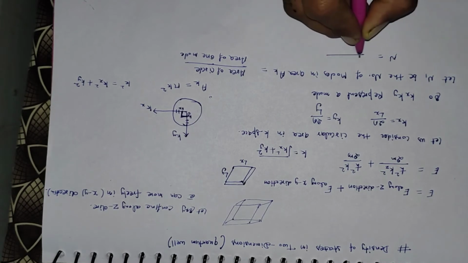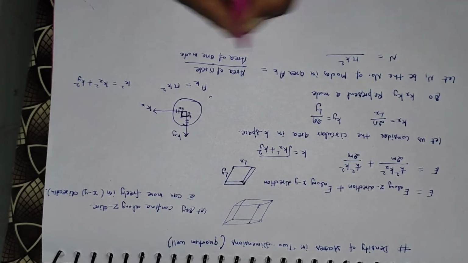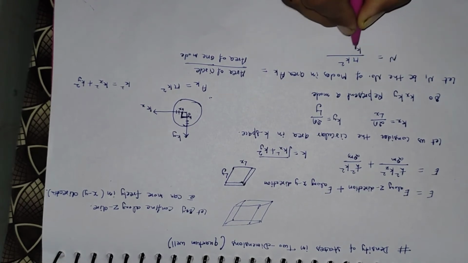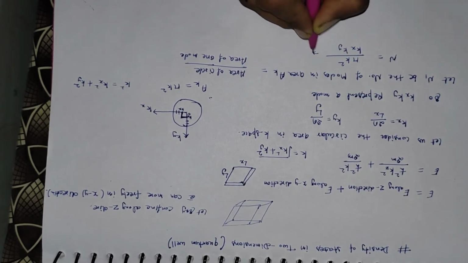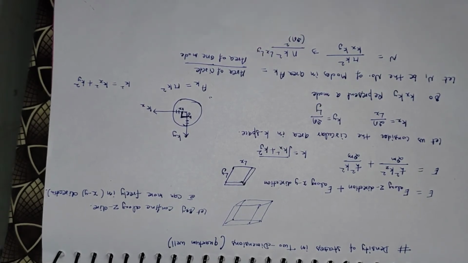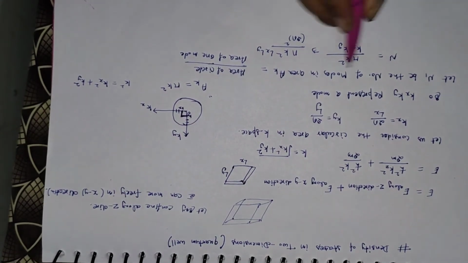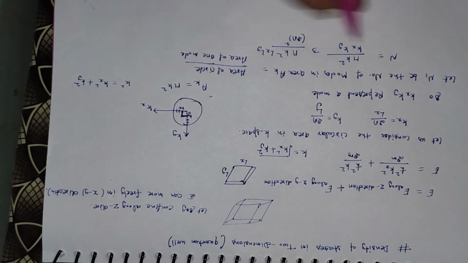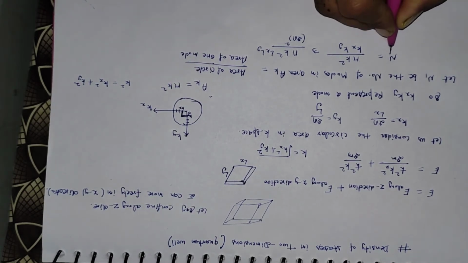So area of circle is πk², area of one mode is kx ky. After putting the value of kx ky we get (2π)²/(Lx Ly). So n1 is the number of modes, the total number of modes that will fit in this area.